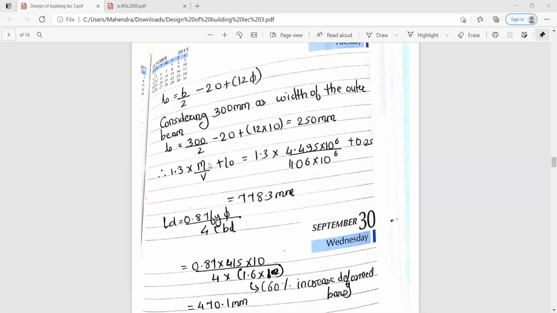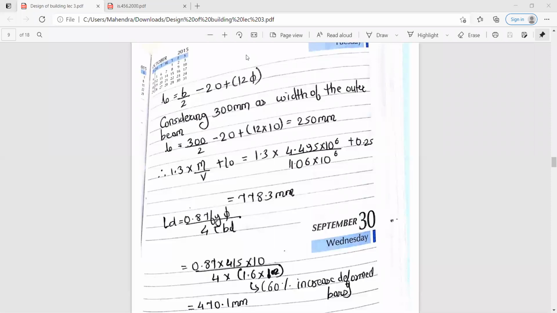Now 1.3 into M by V plus L0. Now again you have to substitute the values of moment and shear force over here. Which moment and which shear force will you substitute here? The values that you had calculated in the bending moment and shear force calculation, from that step you have to take the minimum values.